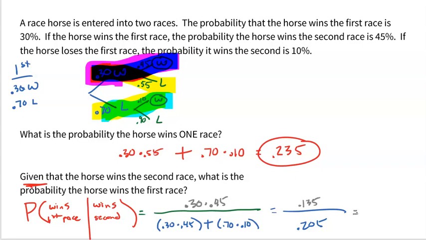All right, so now we just got to divide 0.135 divided by 0.205, and we get 0.659. Rounding to a couple decimals there, 0.659. So if he wins the second race, there's a really good chance, almost a 66% chance that he did win the first race. Weird question, but again, really walking through that, understanding the branches and the conditional is awesome there.